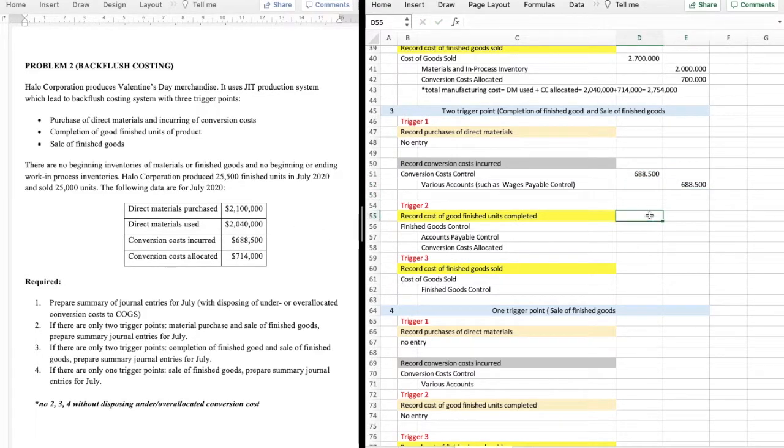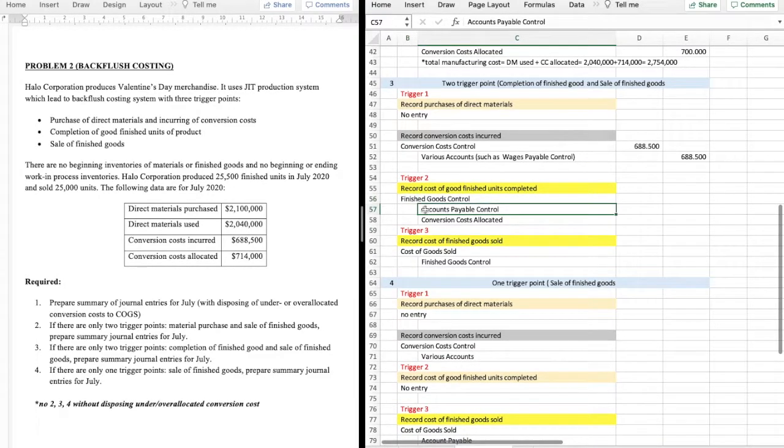And now to the trigger point number 1, or in this case the first trigger point. It is to record the finished goods. That's why in the debit side we have finished goods control, but in the credit side we have accounts payable control and the conversion costs allocated. So we record the accounts payable here because prior to this trigger point, we have not recorded the direct materials yet.